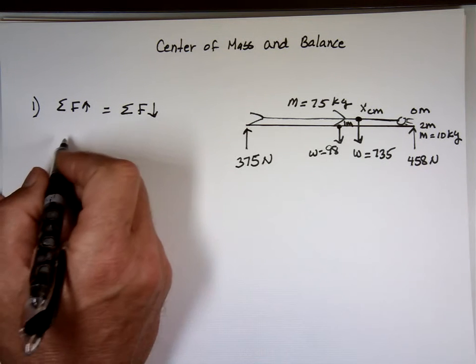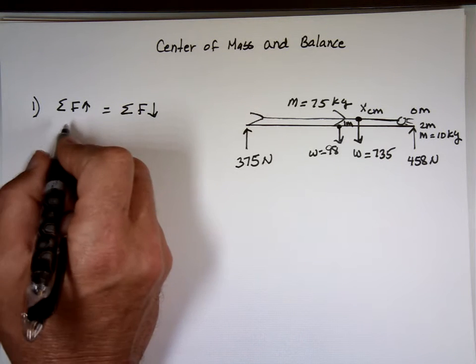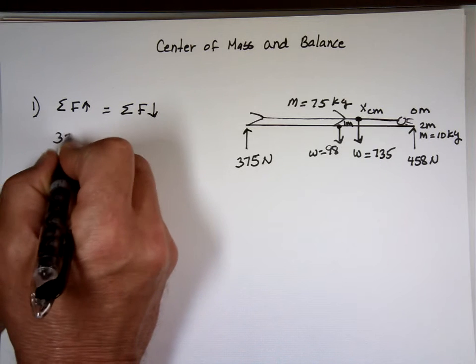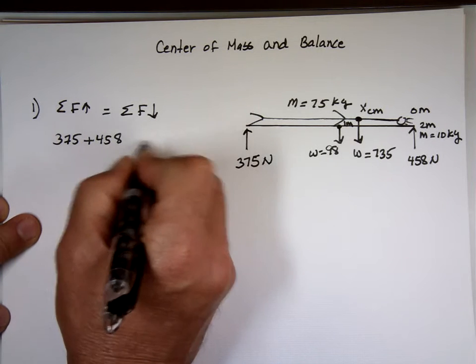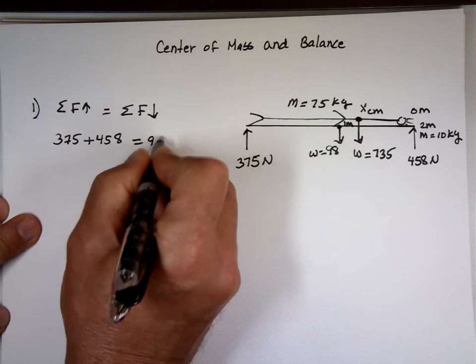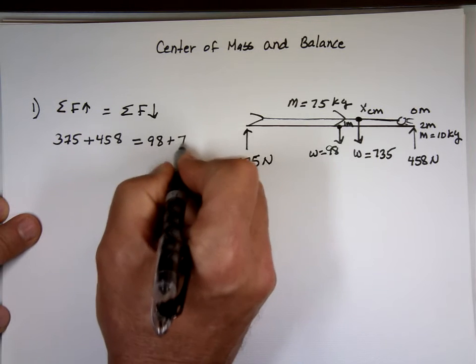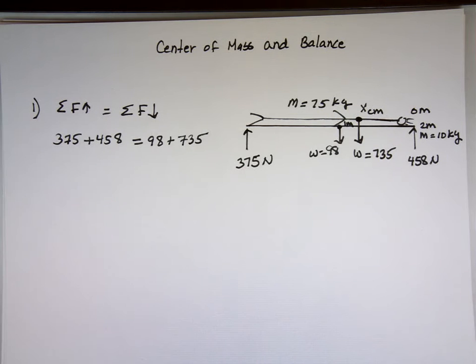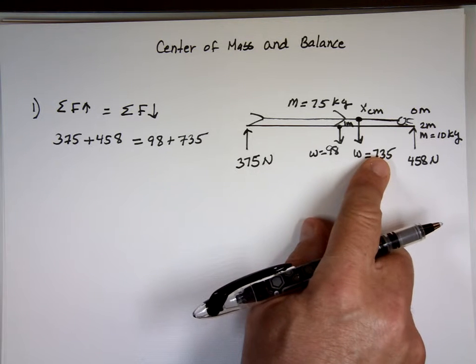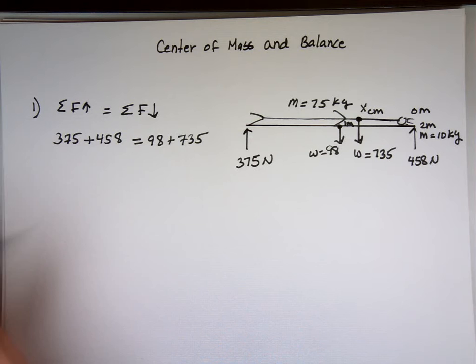Add them. If I did the problem correctly, pointing upward is 375 plus 458. Pointing down is what? The 98 plus the 735. Does that equal each other, these two numbers, when you add them?